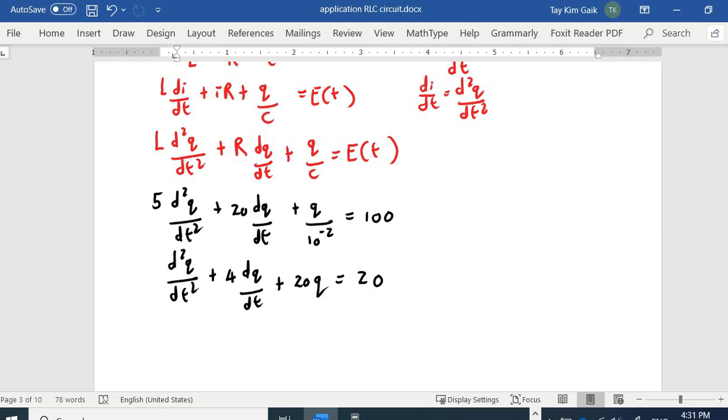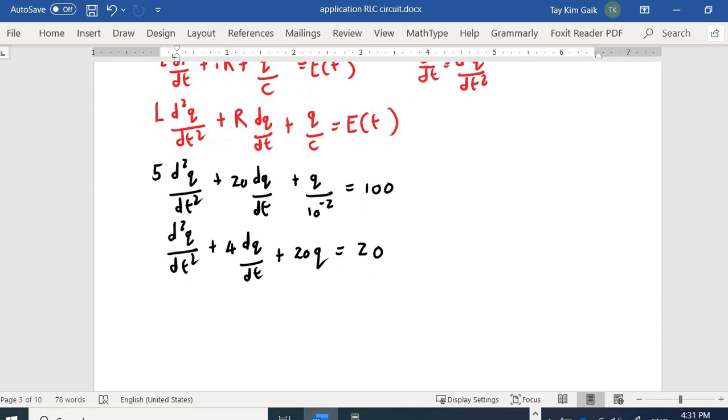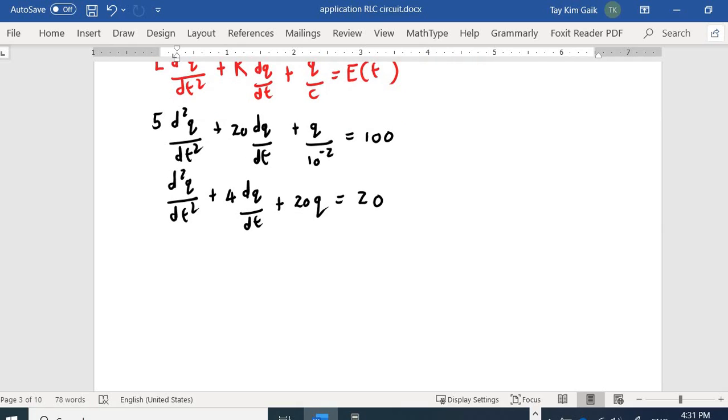And now we have a second order non-homogeneous equation. So first of all, we solve the homogeneous equation, where the right hand side equals 0. We have q'' plus 4q' plus 20q equal to 0.